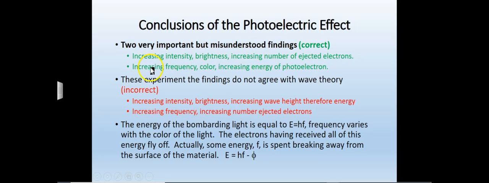And as you increase the frequency, meaning you go from red to orange to yellow to green to blue to violet, you increase the energy of the color of the paintball or the photon. The ejection of the photoelectron depends on the frequency of the photon, the paintball, that strikes it.